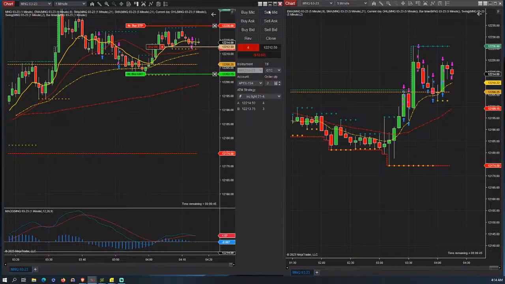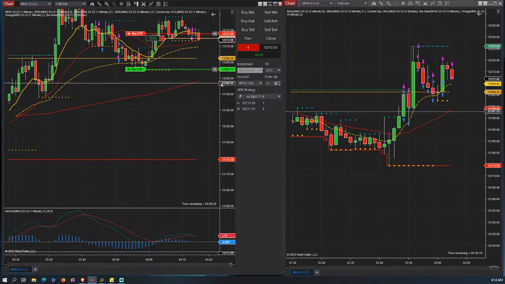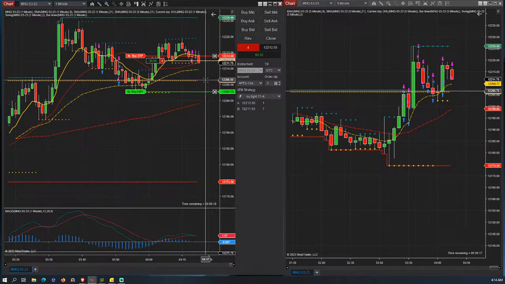This is some slow ass price action. I should be trading oil right now. Oh, there we go. I see some green on the chart. I don't want to speak too soon.